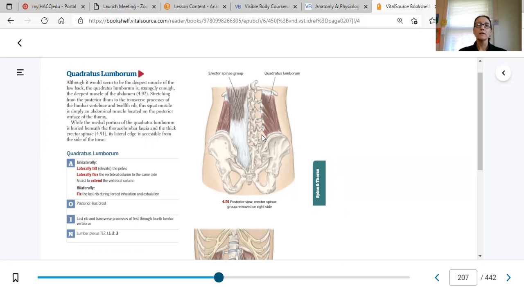All right, so here's where the actions get a little wonky. You have bilateral action. That's not so bad. It can help to fix the last rib during inhalation. So when you take a deep breath in, all your ribs move up and out, right? QL holds the last rib in place for you. How nice of it.